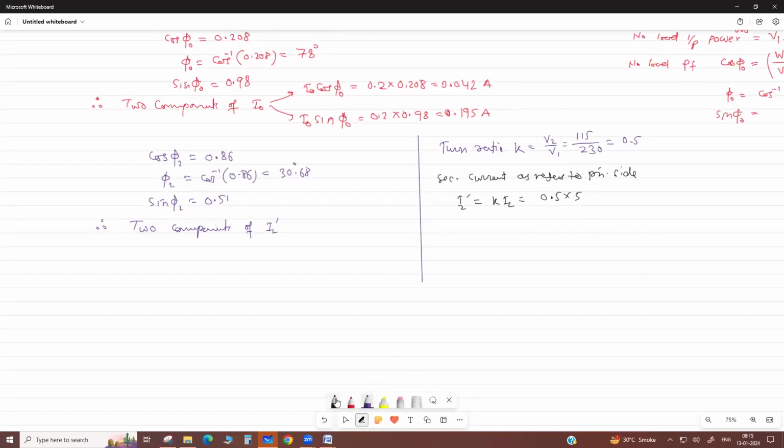Then K I2 you get 2.5 ampere. Then what are the two components of I2 dash? I2 dash cos phi 2, and I2 dash sin phi 2.